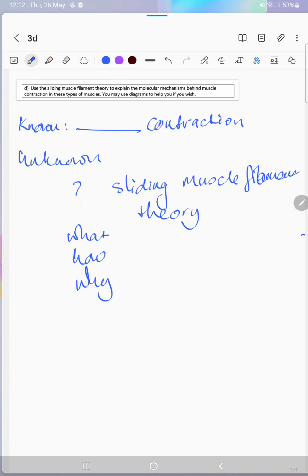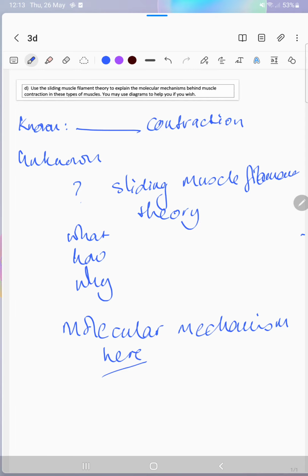So they also want to know the molecular mechanisms. Molecular mechanisms. Now, not in general, but here. So then the third thing I said was in these types of muscles.